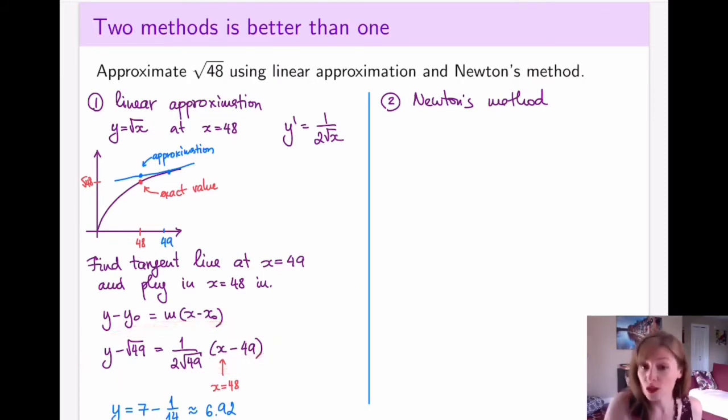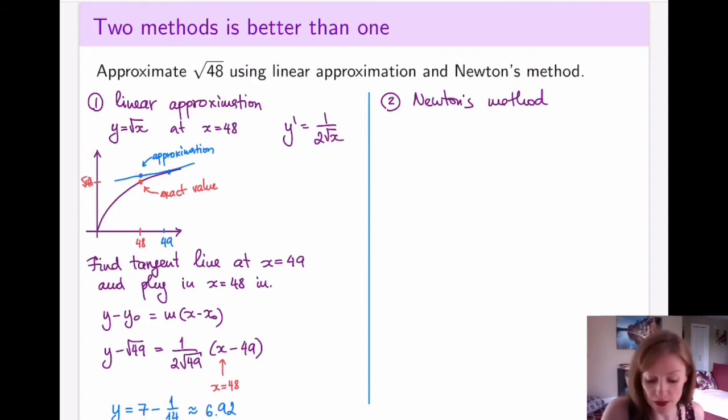And only once I've done that am I going to plug in x equals 48 in order to find the approximate y value. Okay, and so you should get something like this: 7 minus 1/14, which is approximately 6.92. Again, the graph here emphasizes the fact that the approximation that you've ended up with is an over-approximation because this point lies above where the point on the function does.